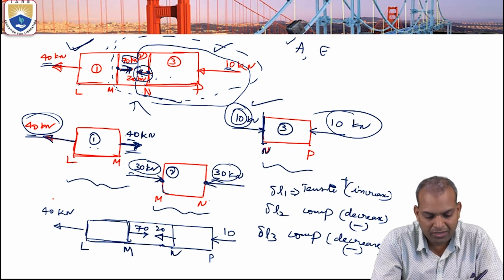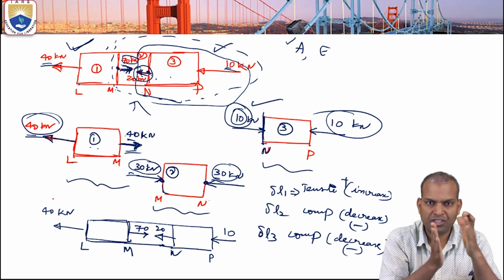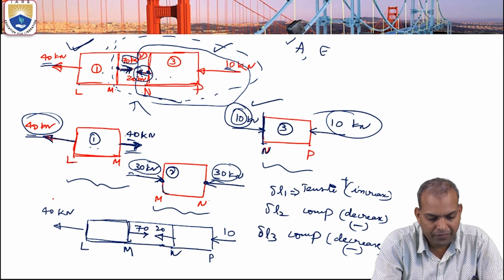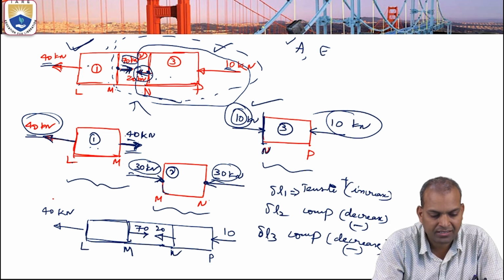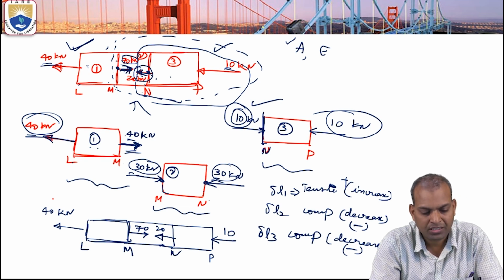At a junction, we need to consider what type of force is acting, shared by the sections. So at junction M, when we are considering the force acting on section 1 at M, we have to consider all the forces on this side.